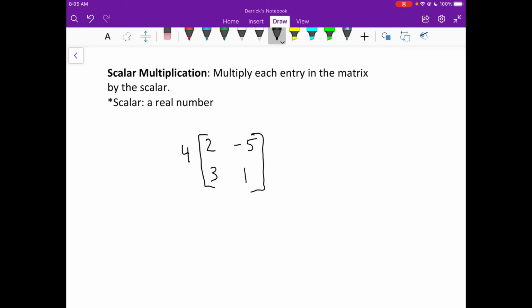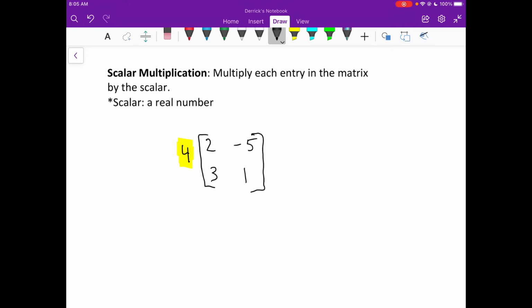Scalar multiplication is effectively just the distributive property for matrices, is kind of what you're doing here. Because the idea is you just take the scalar and multiply it to every entry in the matrix. So, like in this example, we are being asked to multiply this 2 by 2 matrix of 2, -5, 3, 1 by our scalar of 4. 4 would be the scalar in this example.